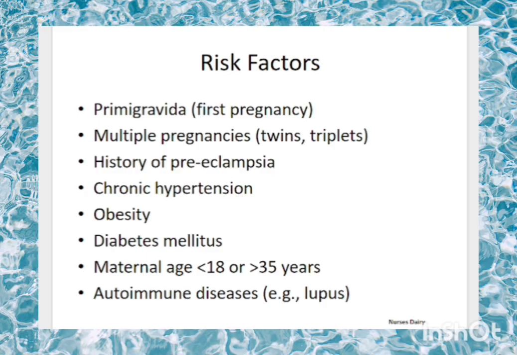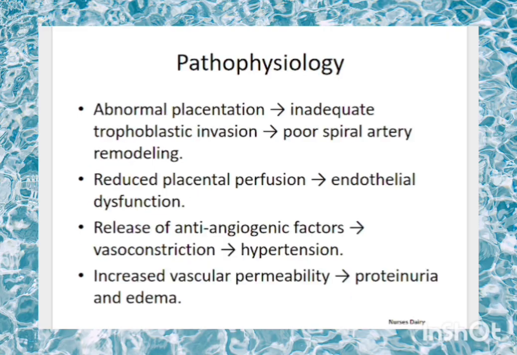Even maternal age: women below the age of 18 or above 35 years stand the risk of having preeclampsia. Having autoimmune diseases such as HIV and lupus can also predispose someone to preeclampsia.